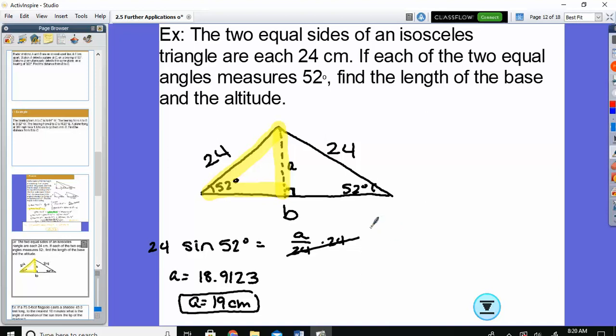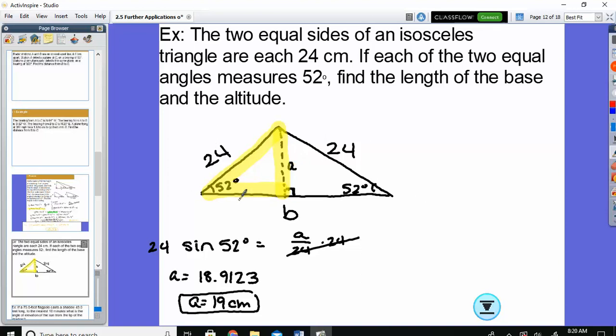How would we find the base? Okay, we now have A, so we could do tangent.